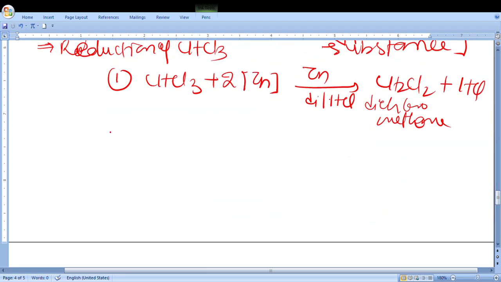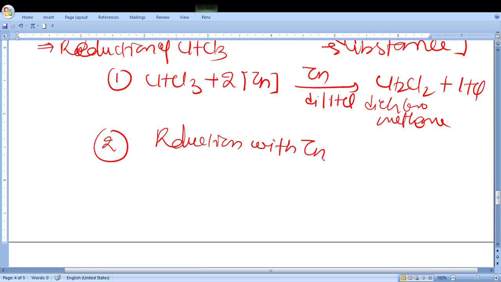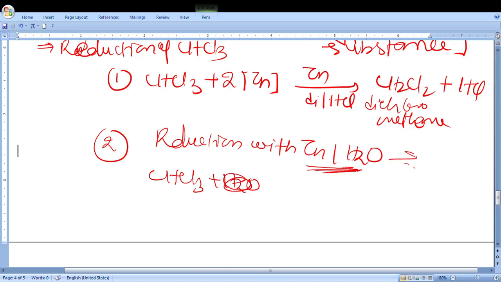Next will be reduction with zinc and water. Reduction with zinc and water. So CHCl3 plus H2O. You may write H2O because Zn and H2O combine together to form ZnO plus nascent hydrogen.